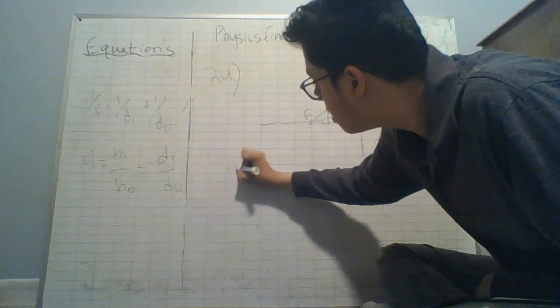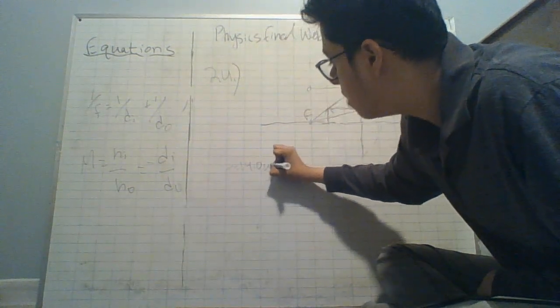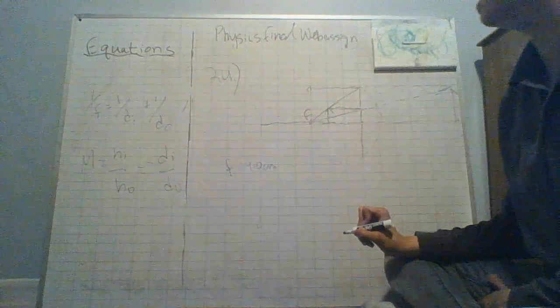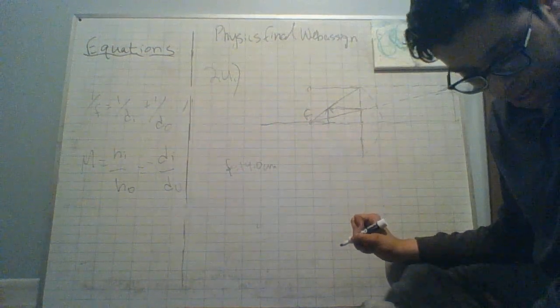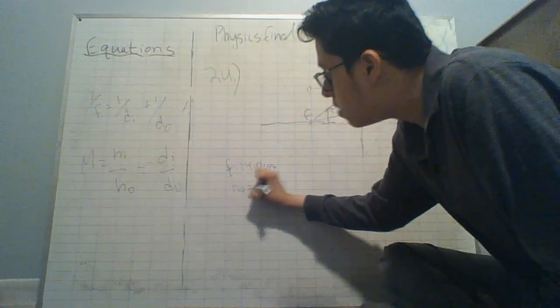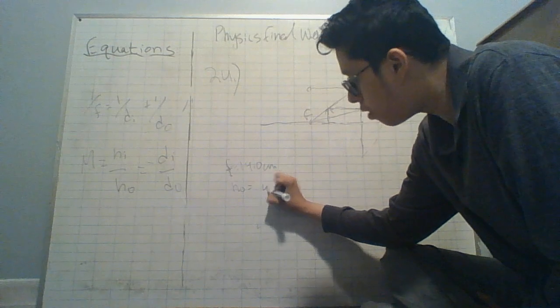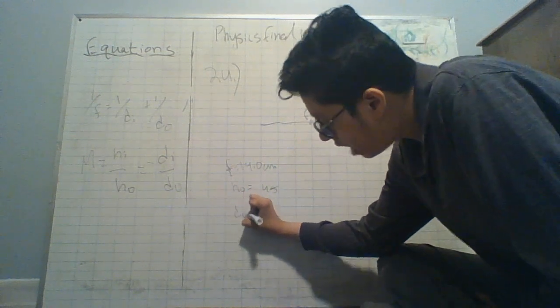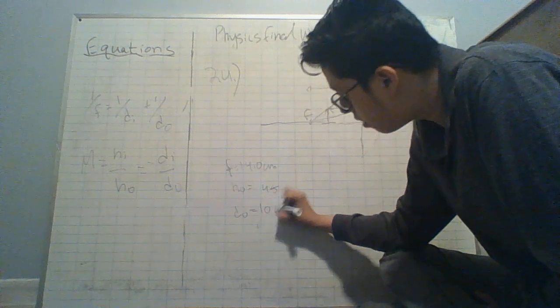So F we know is 14.0 centimeters. By F, we're not talking about force, we're talking about focus, right? And the HO, the height of the object, is 4.5, and the distance of the object is 10.0 centimeters.